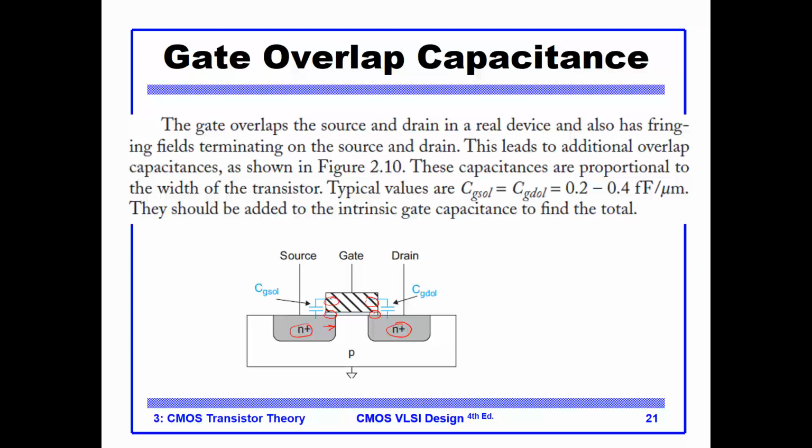This is what we refer to as the overlap capacitance at the drain side or at the source side. As we said, typically this is small, and typically it is ignored for practical reasons, but if you want to be accurate in your results, you have to include it in your gate capacitance. So the overlap, as part of the gate capacitance, is typically ignored.